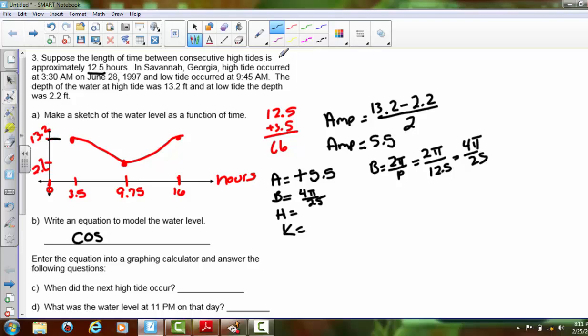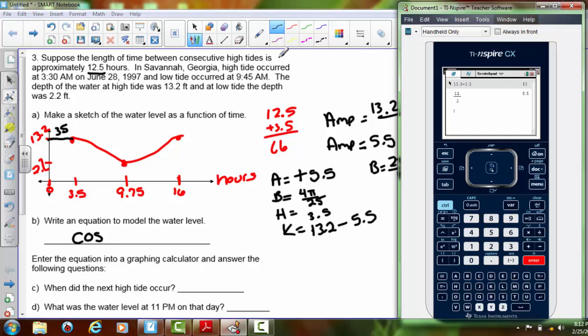From here to here is a distance of 3.5, so my H value is 3.5. And K is my maximum, 13.2, minus my amplitude, 5.5. So 13.2 minus 5.5 is 7.7.